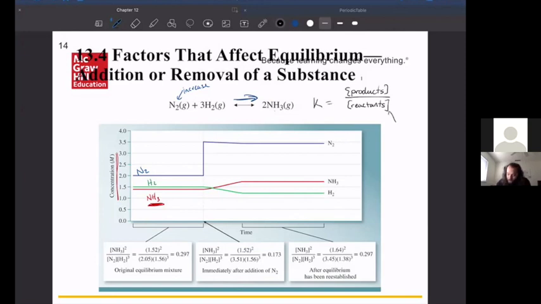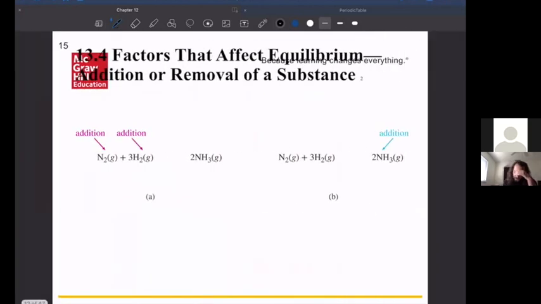So if I increase this number, the denominator gets bigger, and this has to get bigger as well in order to compensate, in order to keep that ratio constant. So this is Le Chatelier's principle, the ability to drive a reaction in one way or another by adding or removing substance. So what happens if I add any of this reactant? I'm going to drive this reaction in favor of the products, right?